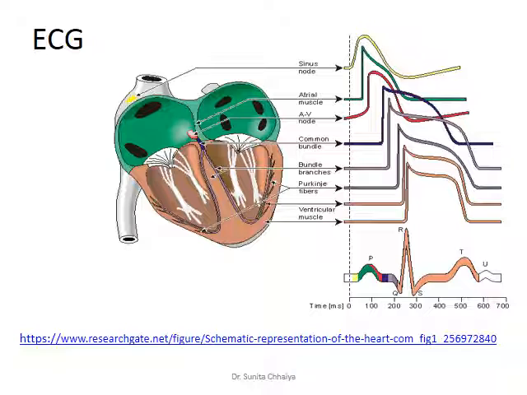Cardiac tissue activity is recorded as an electrocardiogram. Here you can see that an impulse is passed from the SA node to the atria, to the AV node, to the bundle of His, towards the ventricle.